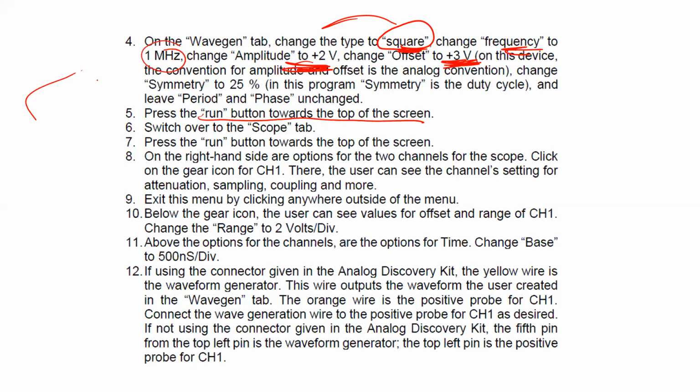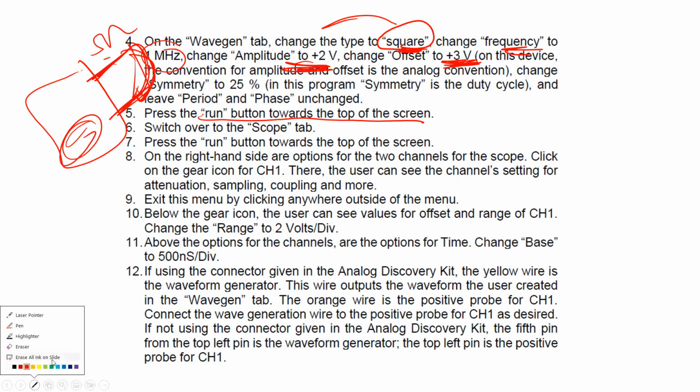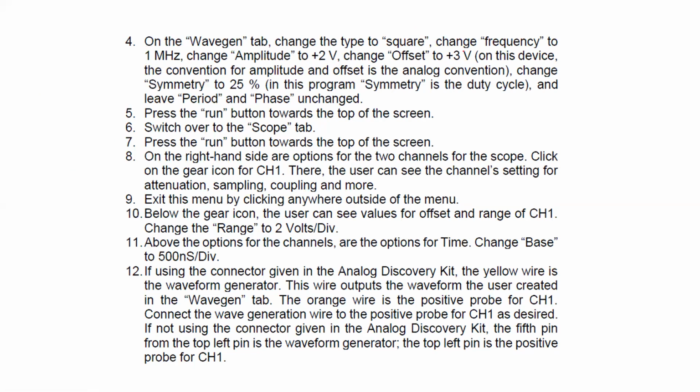Once you generate the signal, I'm going to talk about how you can use the scope, and how you need to connect them together so that the signal I generated here, I want to see it on the scope. That's what I'm explaining here. But here the offset is 3, so it's going to go up 3.